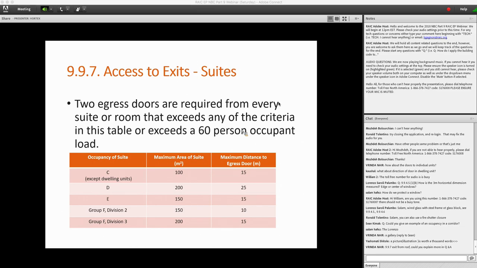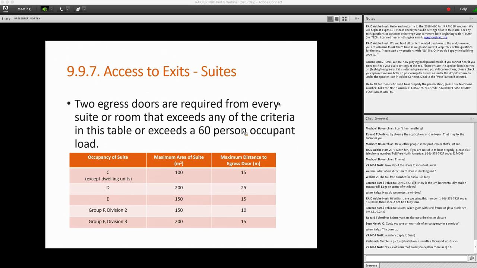Still under access to exits for suites. This section is in subsection 9.9.7.4 of the code, and it discusses the number of egress doorways that are required to be provided for a room or a suite.